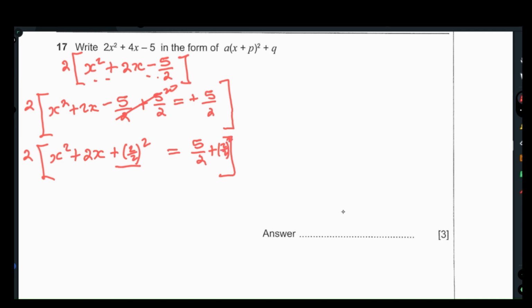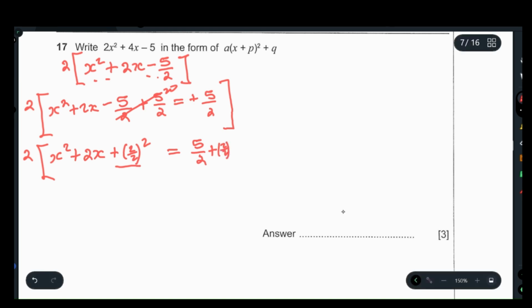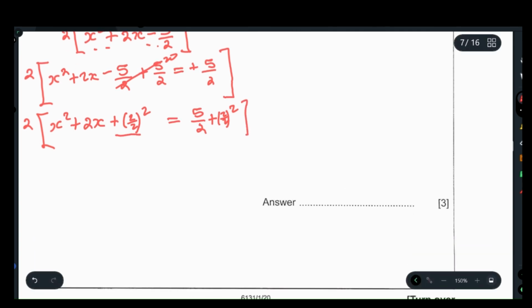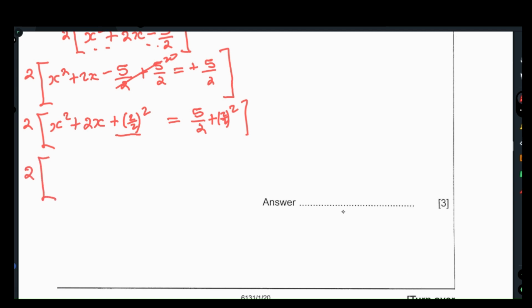So that will be 2 divided by 2, squared. Everything is still multiplied by 2. So what we have now is x squared plus 2x plus 2 divided by 2, that is 1 squared, is equal to 5 over 2 plus 1 squared.